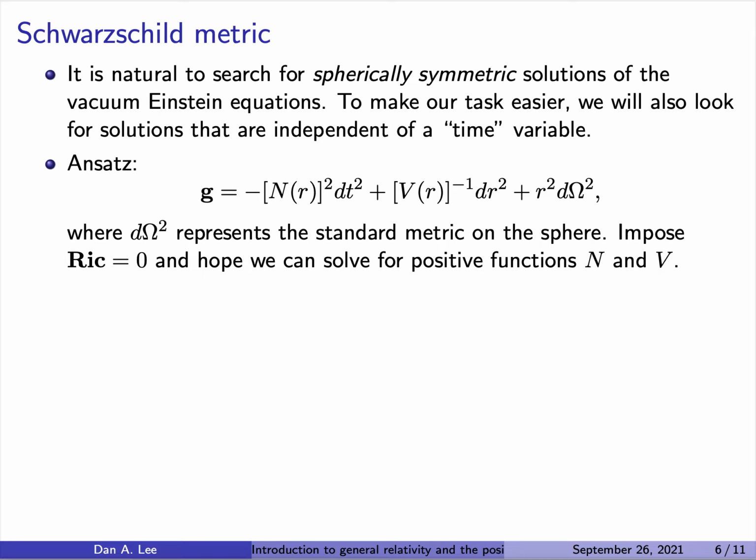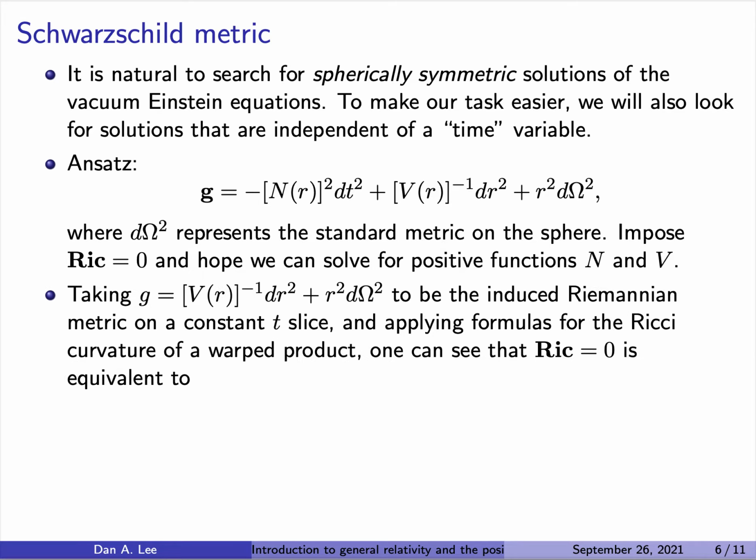Okay, so the actual steps of doing this, many of them are tedious, but I'm going to essentially outline the important steps that can be used to do this. If you just look at a constant t slice, now I'm going to use this unbolded G to be v of r to the minus 1, dr squared plus r squared d omega squared. That's the induced Riemannian metric on any constant t slice.